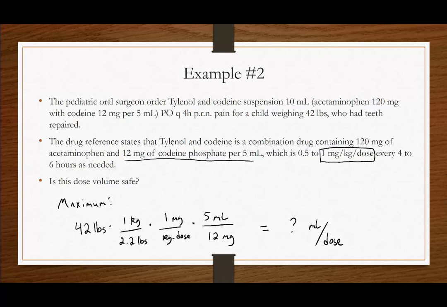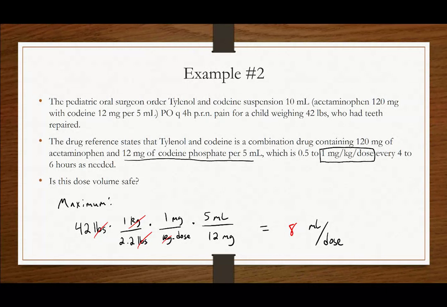With this calculation, we can now make our computation. So we'll convert first the patient weight to kilograms, and then make the calculation for the number of milligrams per dose that will be given. Multiplying here by the 5 milliliters per 12 milligrams, we can find the maximum here is 8 milliliters per dose for this particular substance.